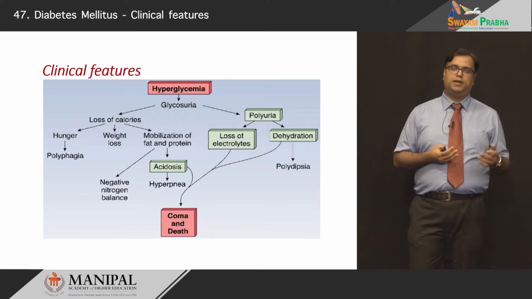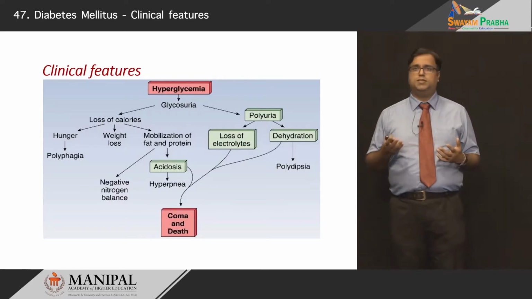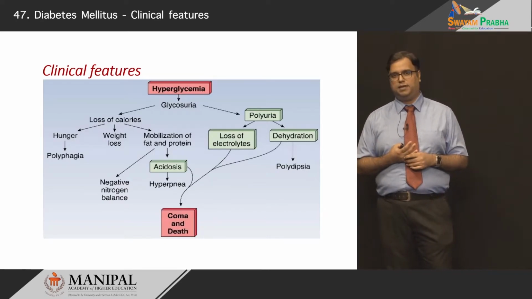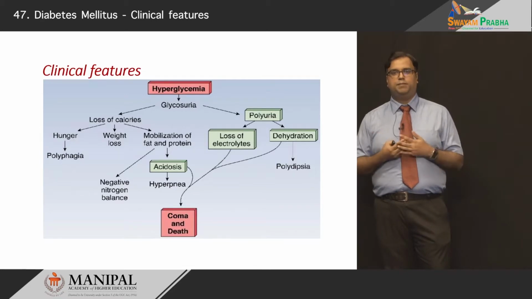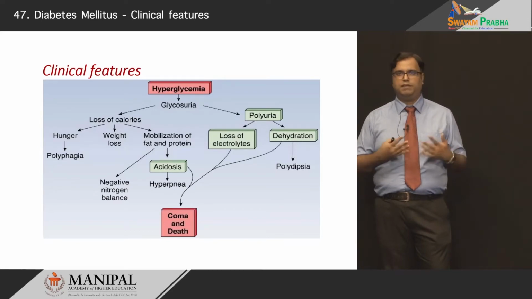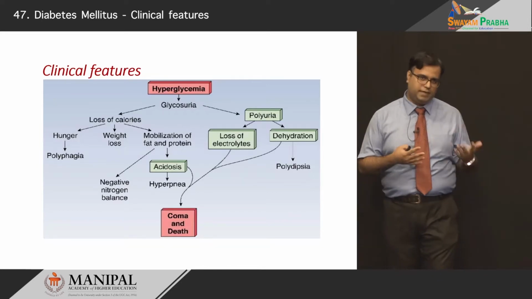Now, of course, glycosuria means that your glucose is not being utilized for burning calories, right. So, they are using some other metabolism, maybe ketones. One thing that happens there is you tend to have hunger. So, despite having frequent meals, the hunger persists and you have weight loss, resulting in polyphagia and weight loss.